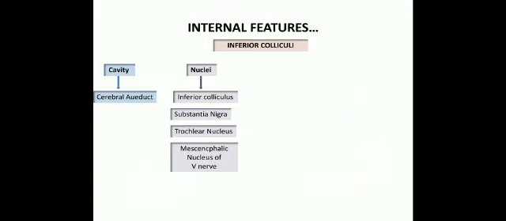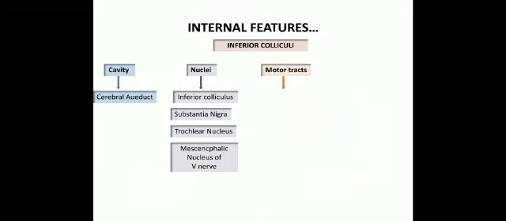To summarize, the transverse section at the level of the inferior colliculi: the cavity is known as the cerebral aqueduct. The nuclei include the inferior colliculus, substantia nigra, trochlear nucleus, and mesencephalic nucleus of the trigeminal nerve.